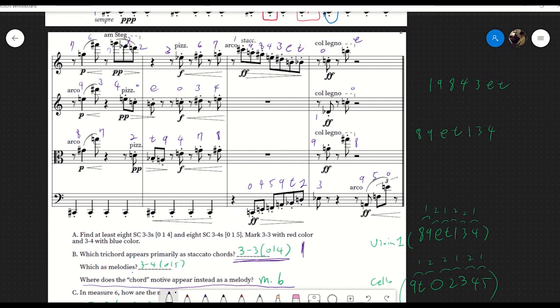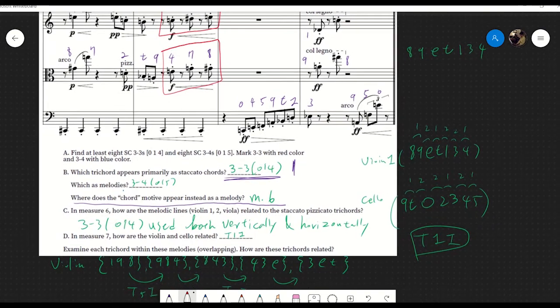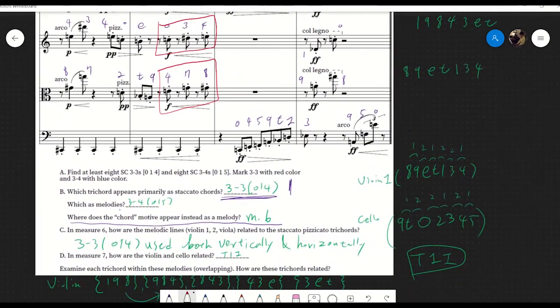If you look at these three notes, there's a major third and a half step: E flat to G natural is a major third, and then a half step, major third, and half step again here. So now the roles are reversed: the trichord that used to be used as a chord now happens as a melody. How about the other sonority though?